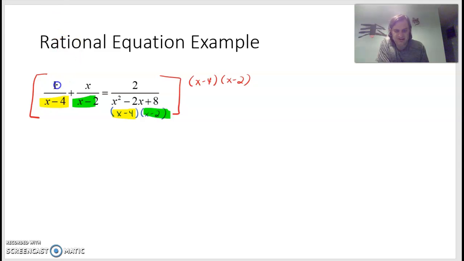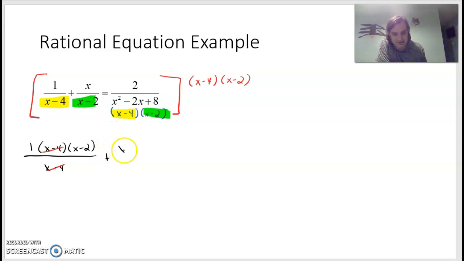I'm going to write a little bit different this time. When I do the 1 over x minus 4, I'm just going to write it as 1 times x minus 4 times x minus 2 all over x minus 4, and we can see the x minus 4 will cancel out.